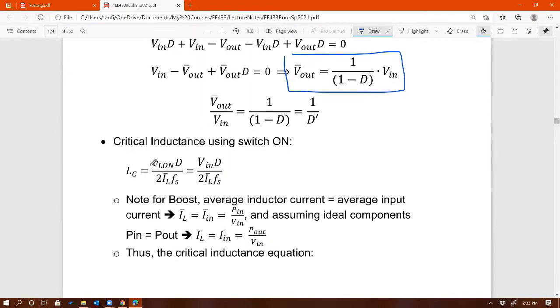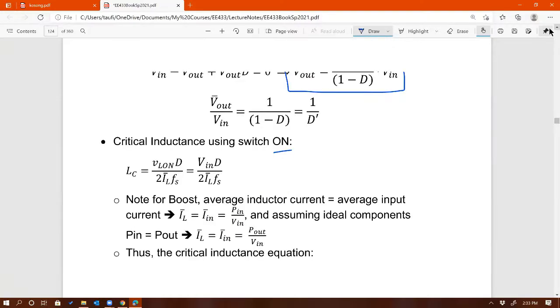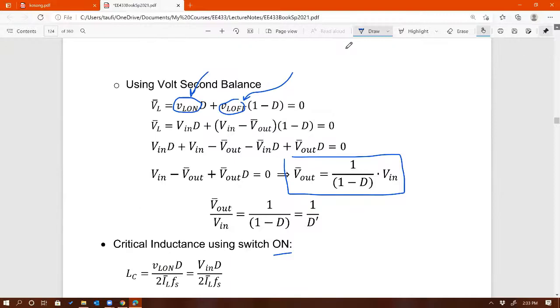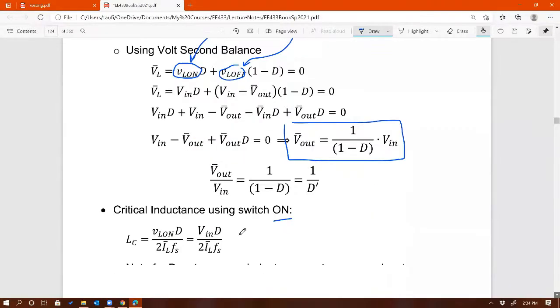The same equation applies for critical inductance: VL on over (2 times IL average times switching frequency), if you're using the on interval. We already know VL on is equal to V in. Just plug it into that equation for the boost.